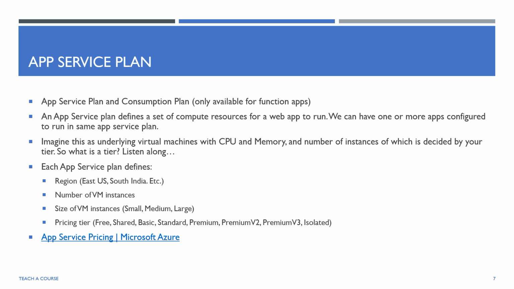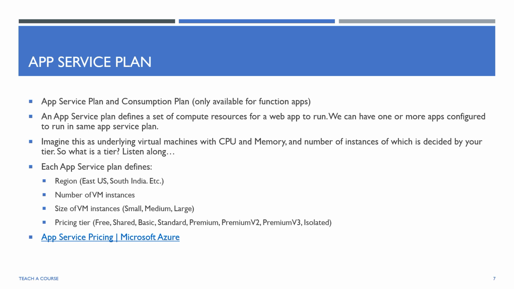The pricing tier starts from free or shared, which is generally for dev or test related workloads, and then basic, standard, premium, premium V2, and premium V3 are production related critical workloads where you get dedicated VMs. But an isolated workload is where you are not just getting a dedicated VM, but also a dedicated network, right?